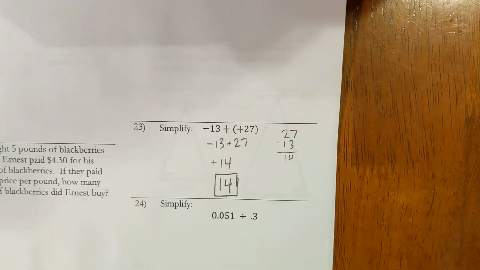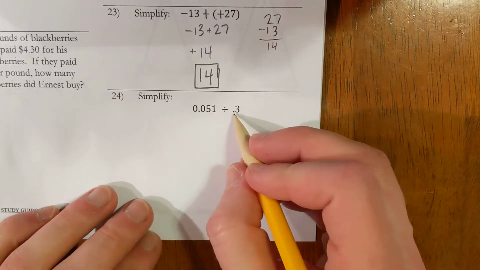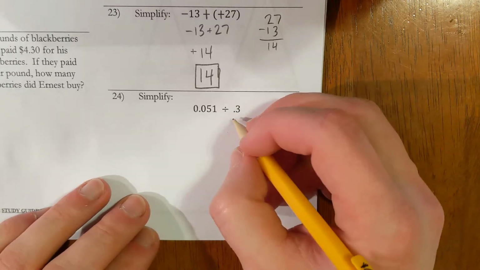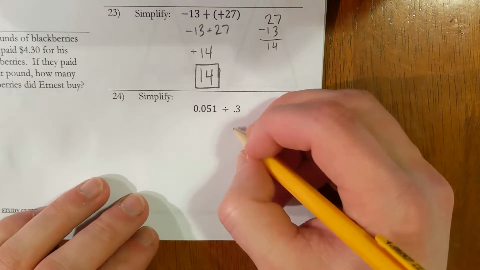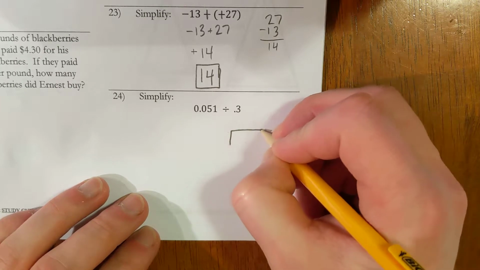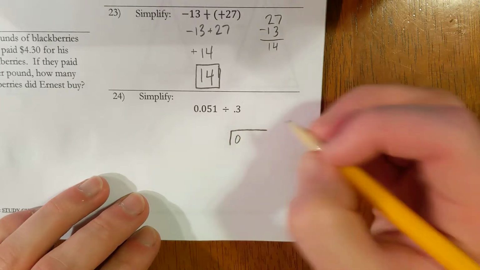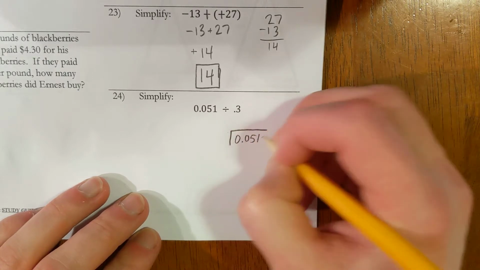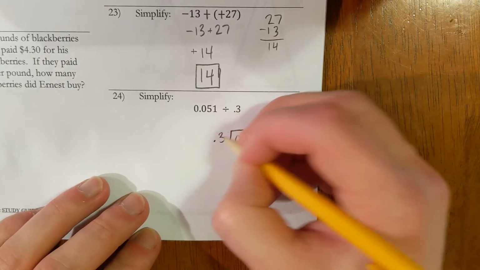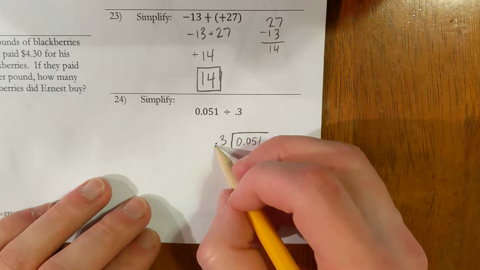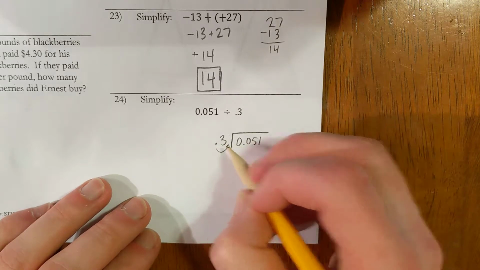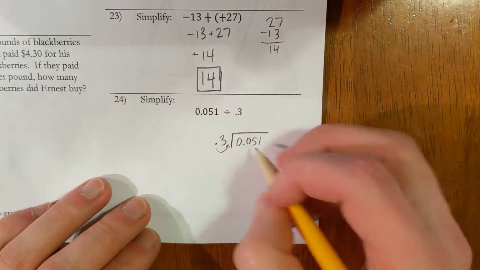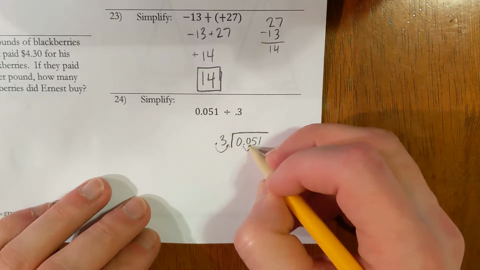Okay. All right, for this next one, we're doing division with decimals. So I'm going to go ahead and line it up. Inside, we are going to have 0.051, and on the outside our divisor is 0.3. Now we know that our divisor must be a whole number, so we're going to basically multiply by 10 on both of them. So this one also has to move over as well.